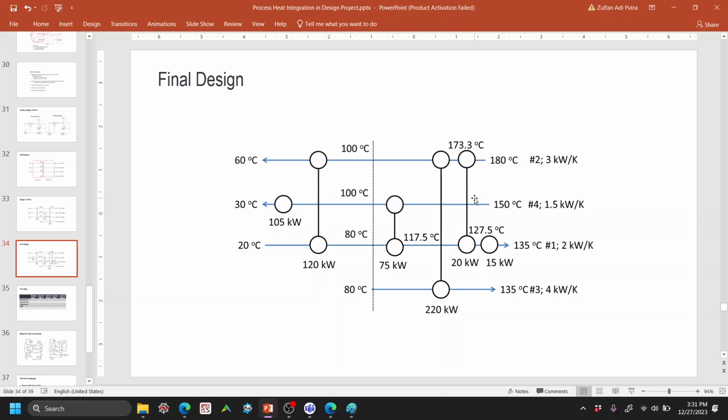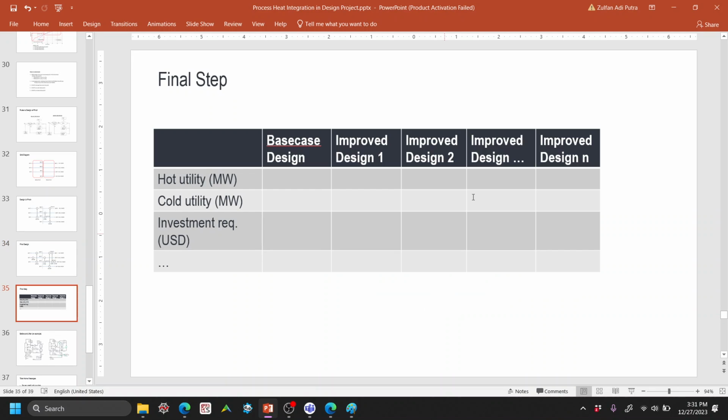So those are options that you can use in your economic calculations. So you have options 1 2 3 4 plus the base case, and then you can make this type of table, and calculate the hot and cold utility respectively, the investment required, and the operating cost.